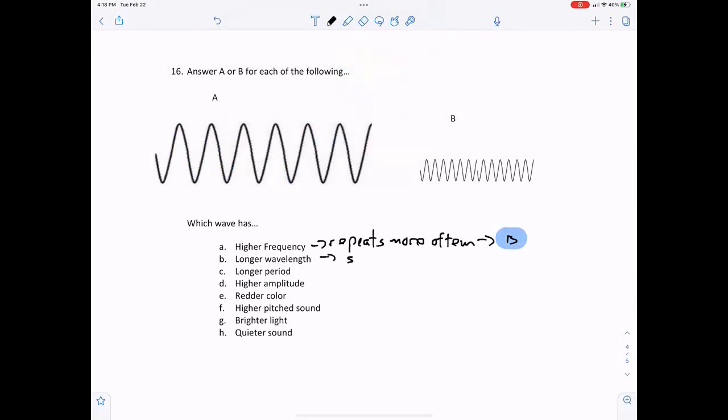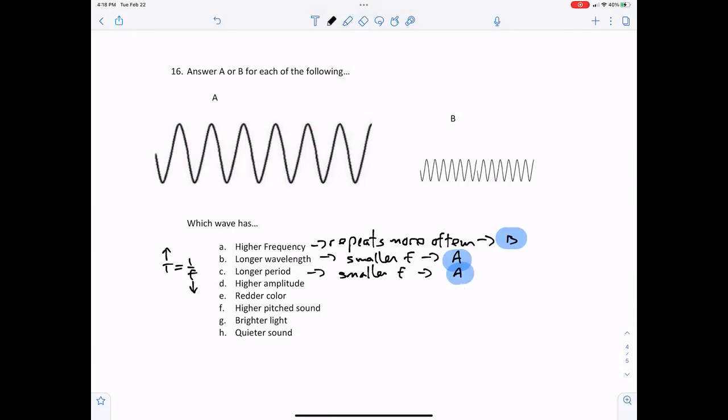The one with the longer wavelength is the one with the smaller frequency. That would be wave A. The longer period, now period is the inverse of frequency, right? So longer period means the one with the smaller frequency. Again, wave A.